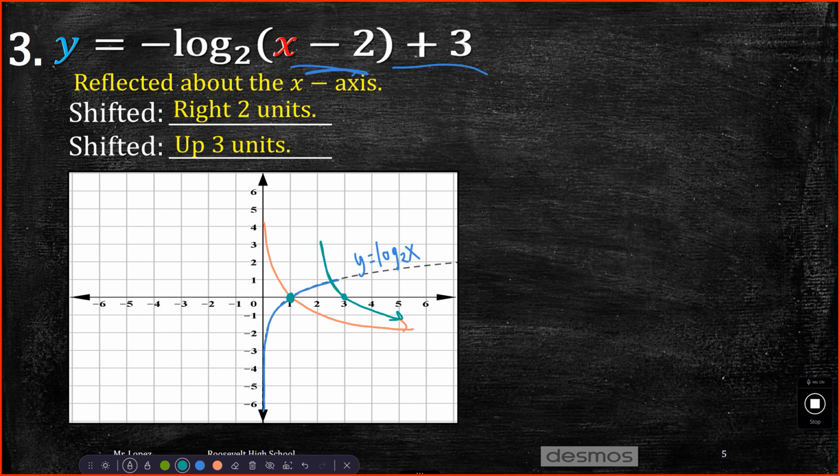Right 2 units. And finally up 3 units. 1, 2, 3. And my final answer will look something like this. I erase all these other transformations, and there should be the final answer right there. There it is.